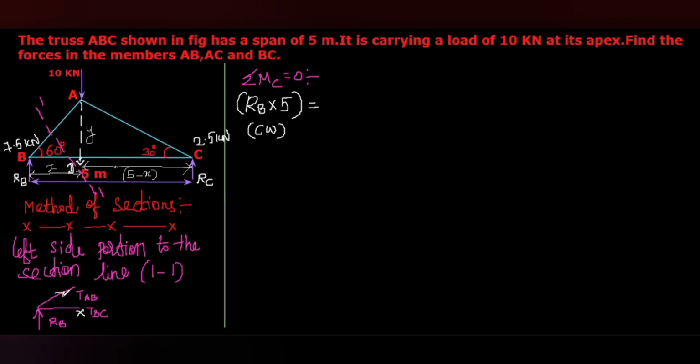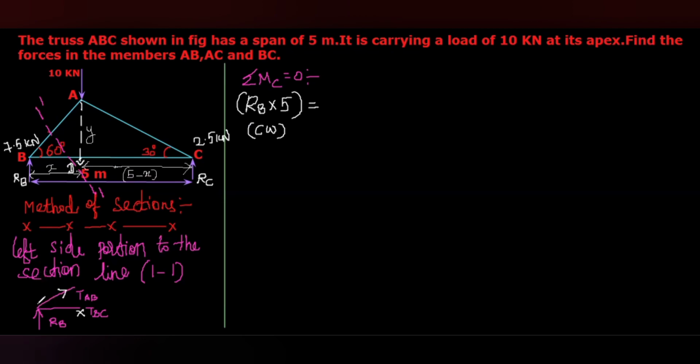It may act outwards from point B, or inwards to the point B. If it is outward from point B, as in the method of joints we discussed, it will act in the first quadrant.